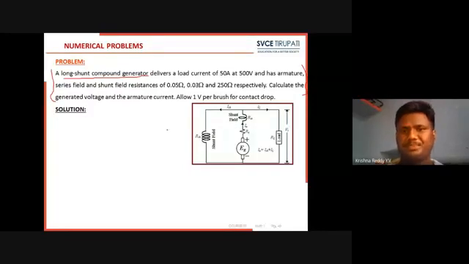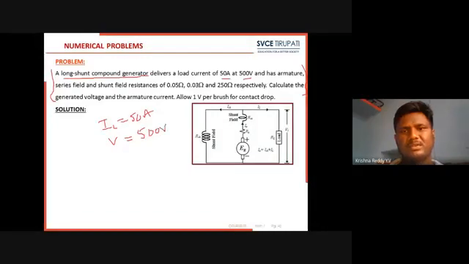Here a long shunt compound generator delivers a load current of 50 amperes at 500 volts. The given load current value IL is 50 amperes and the voltage is 500 volts.